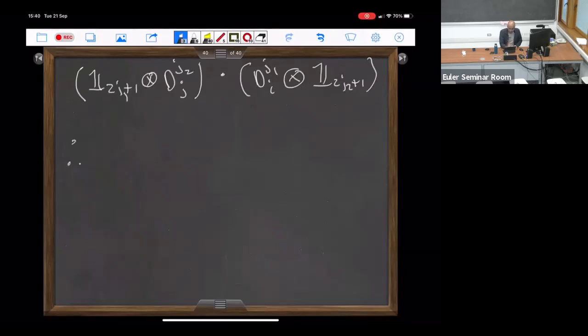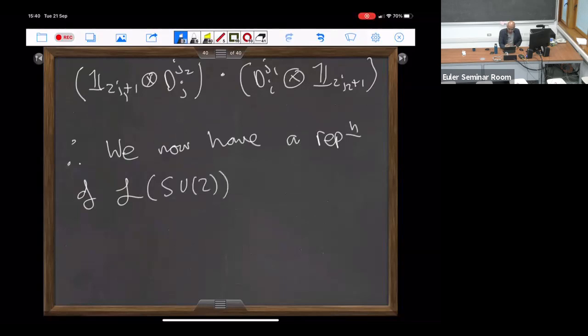So therefore, we now have a representation of the algebra SU2 plus the algebra SU2, which gives us representations of both SO4 and the Lorentz group by exponentiation.